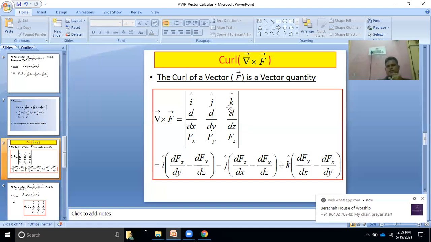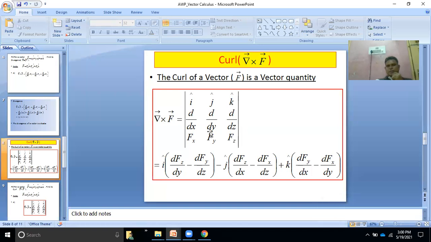If you expand the determinant of this matrix, you will get i times d by dy of fz minus d by dz of fy, minus j times d by dx of fz minus d by dz of fx, plus k times d by dx of fy minus d by dy of fx.